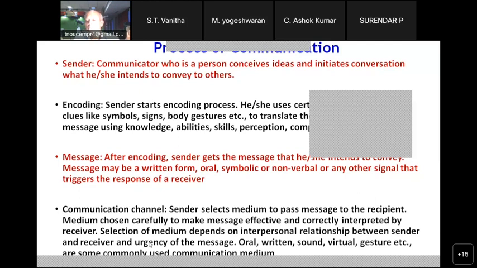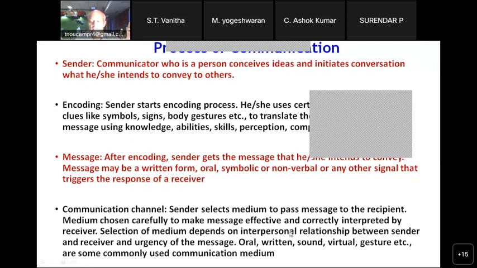In the olden time, the telegram was used for urgent messages. An ordinary letter is fine if the message reaches after 3 or 4 days. That means it depends upon the urgency also. And so, my dear friends, the channel is chosen depending upon all these parameters.